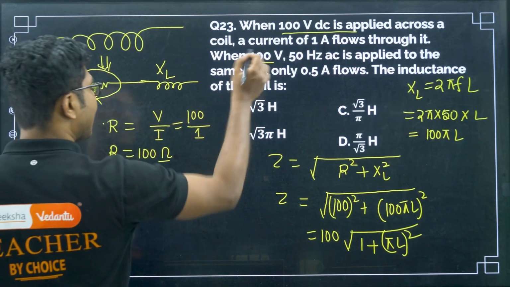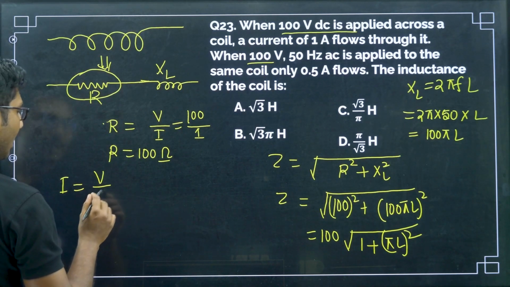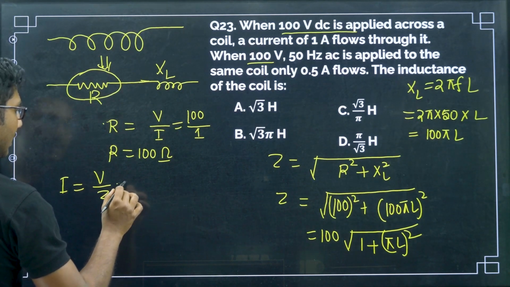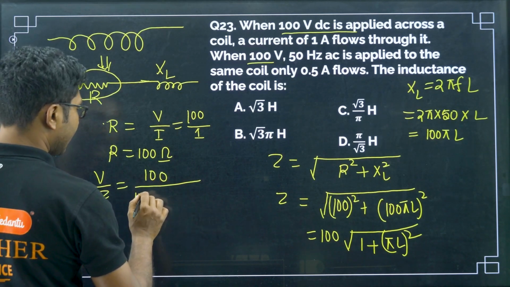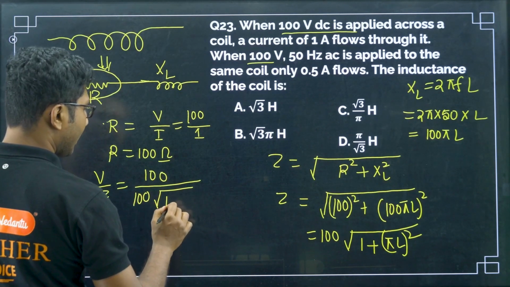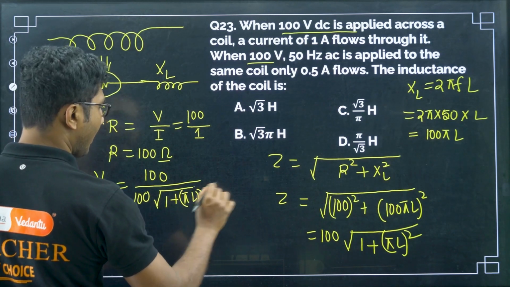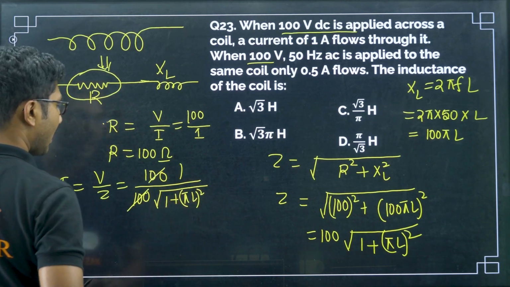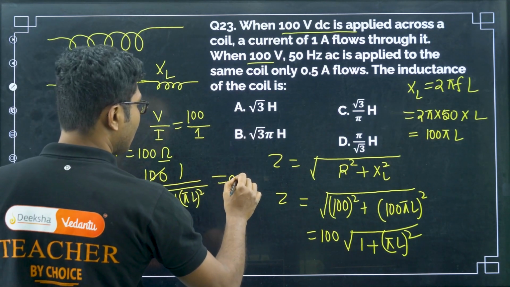The voltage is the same, so the current in the circuit will be V by Z. So, 100 volt applied, and Z is 100 square root of 1 plus pi L whole square. So, this will cancel, you will get 1 here, and the current in this case is given as 0.5 ampere.